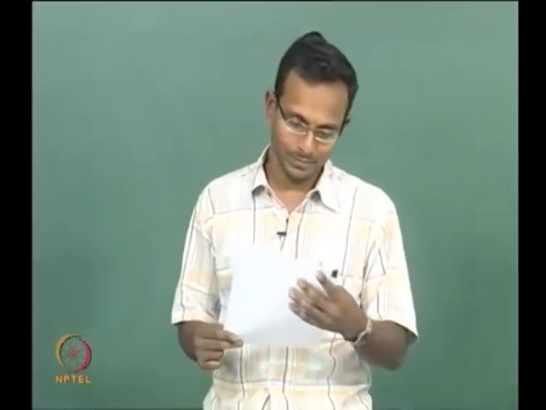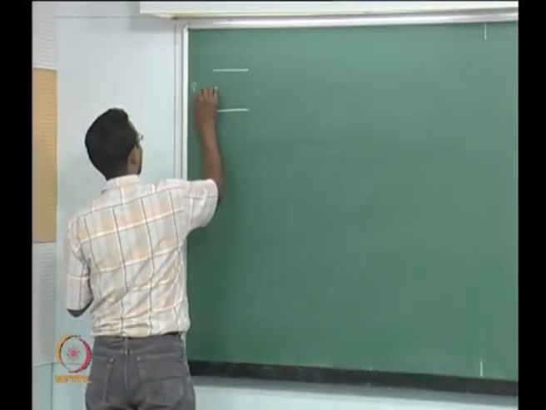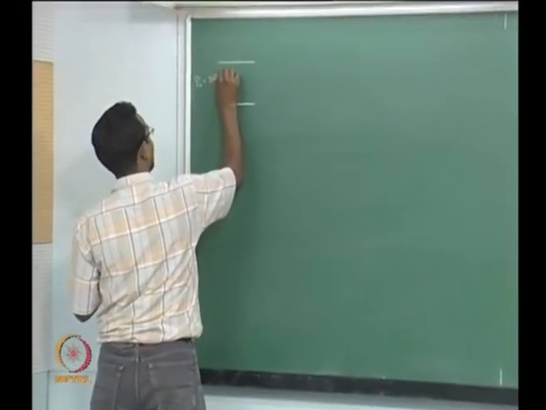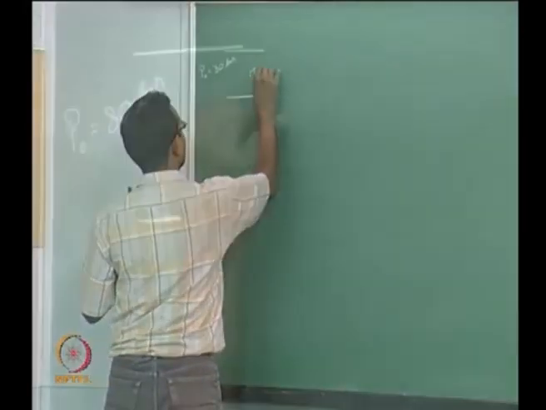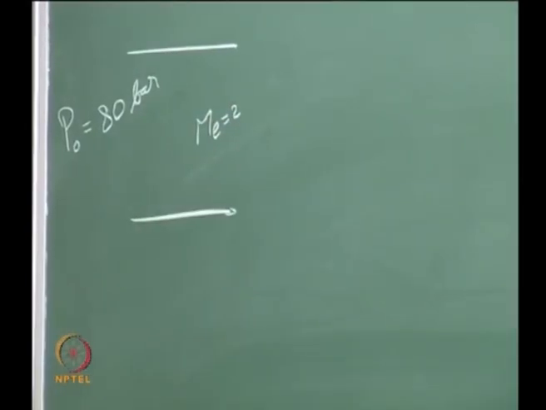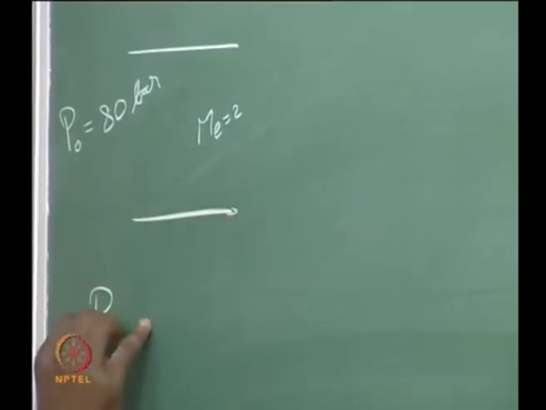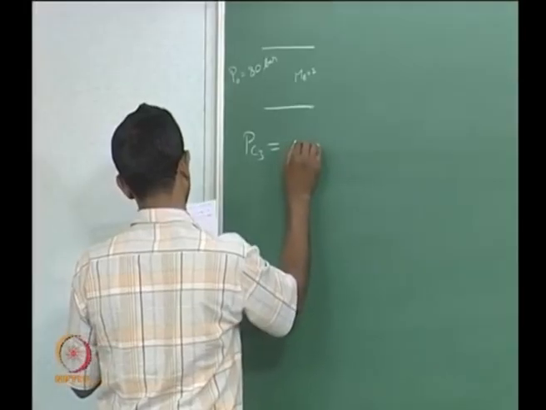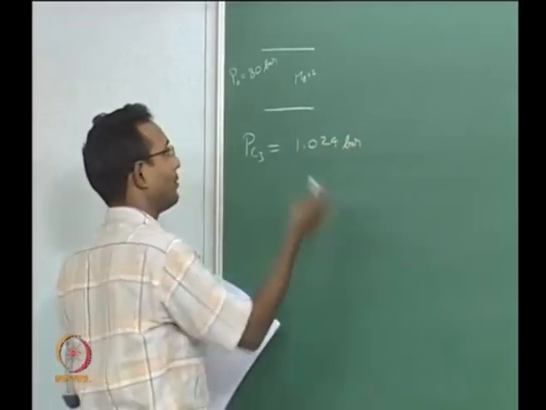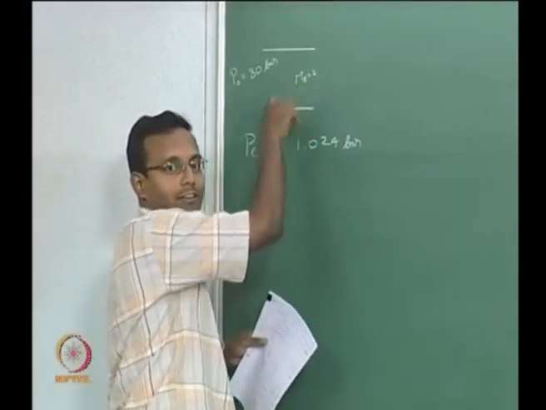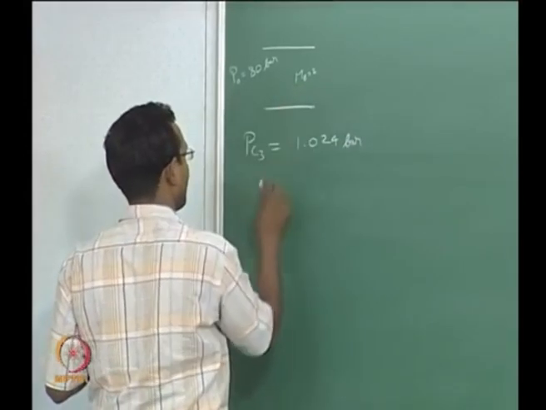Hello everyone, welcome back. We were beginning to solve the numerical example of the supersonic jet problem. We said that we have a P naught of 80 bar and M exit is 2.0, and for this particular condition we found that P critical 3 was 1.024 bar, which of course will be equal to the P exit at the end of the nozzle when it is fully expanded.